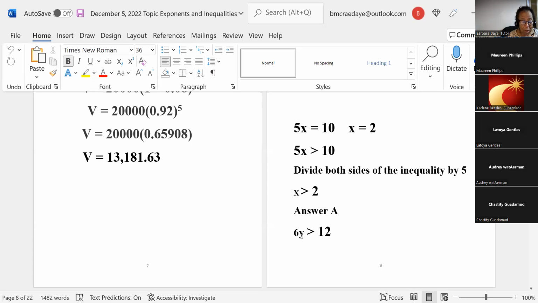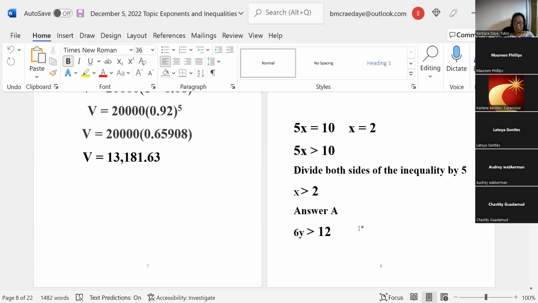If you put a 4 here, 6 times 4 is 24, which is greater than 12. So any number greater than 2 would give you 6y greater than 12. So y can be any number greater than 2. Is it making sense now?